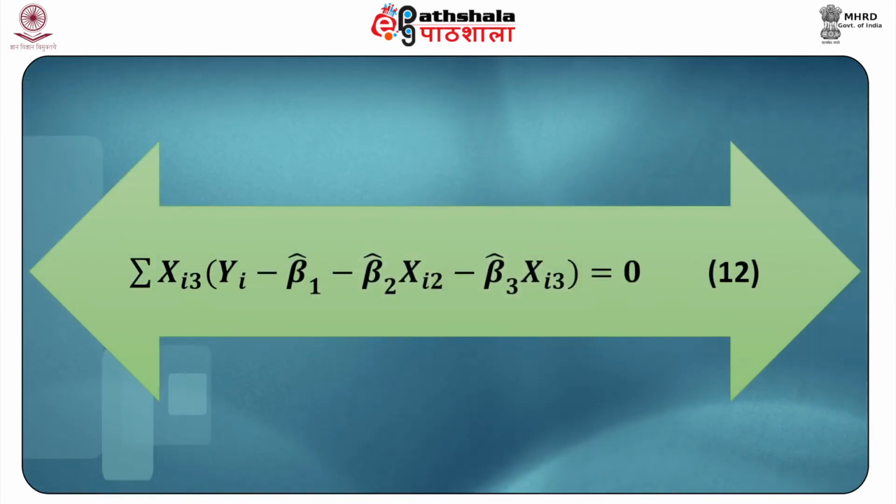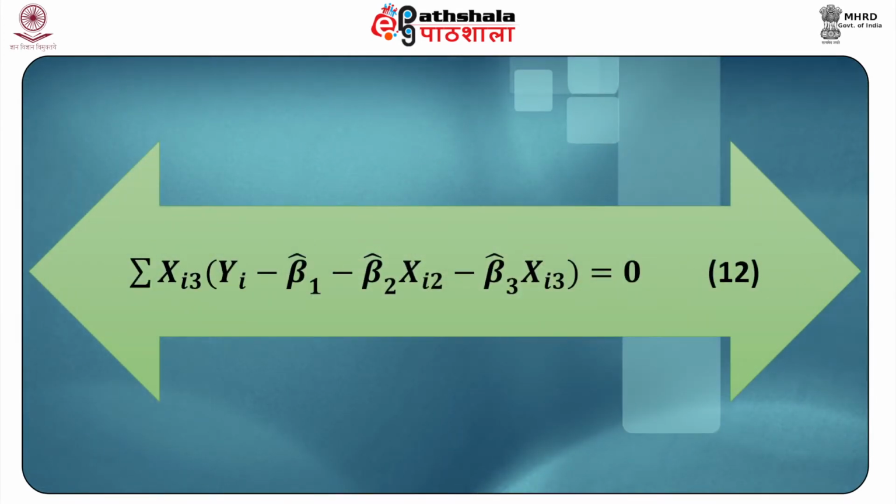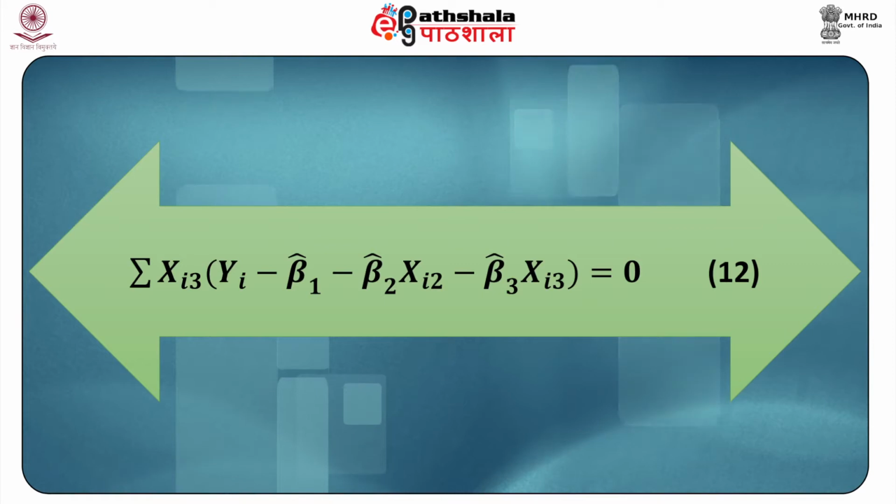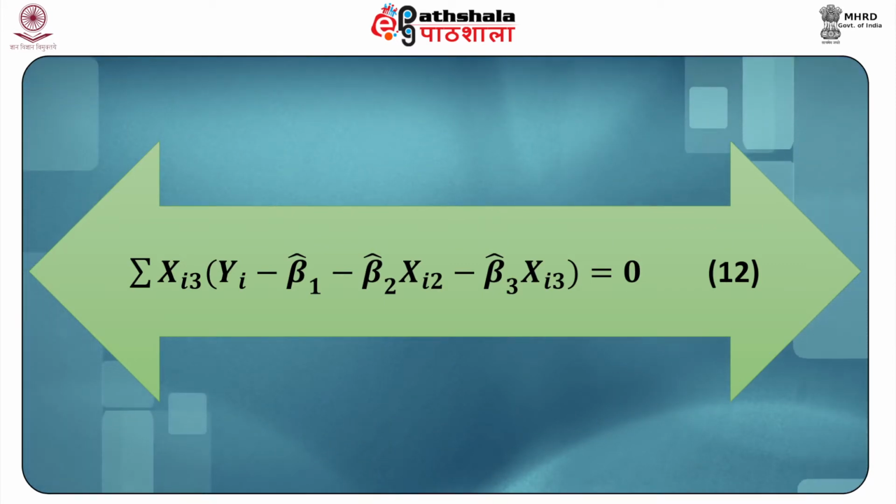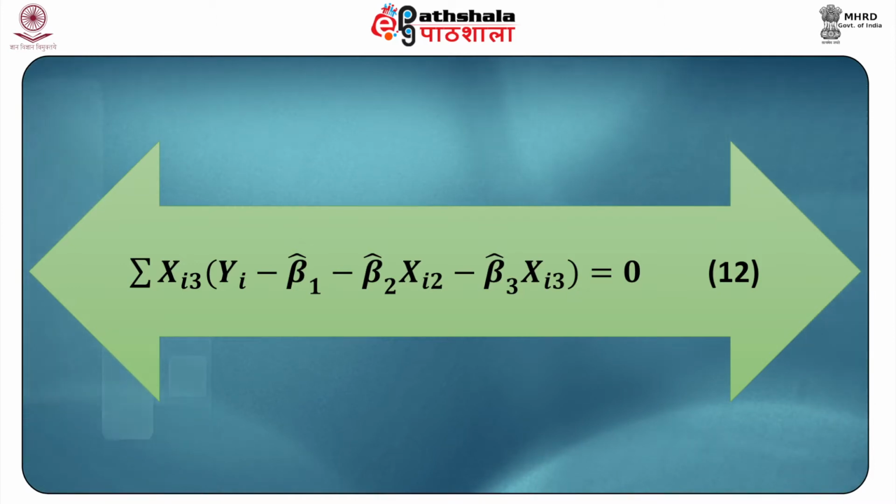Similarly, equation 8 is simplified, and we have a new equation which is sigma xi3 into yi minus beta 1 hat minus beta 2 hat xi2 minus beta 3 hat xi3 equal to 0, and you can rewrite this as equation 12.